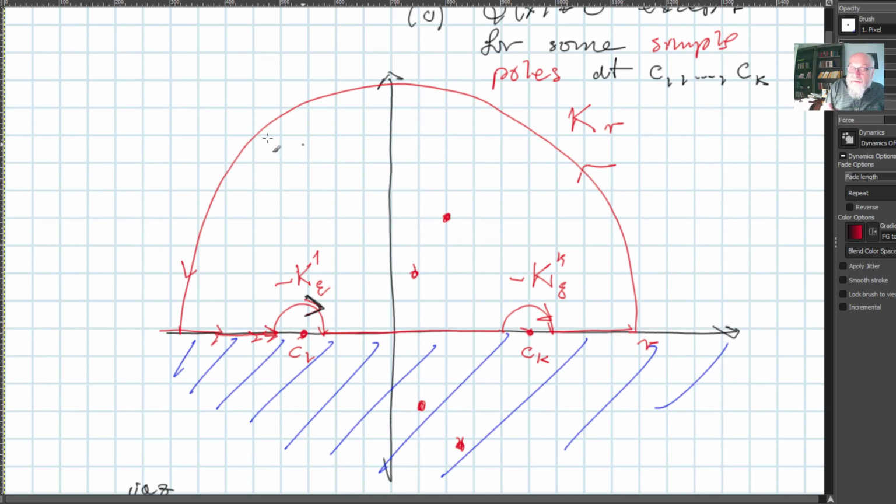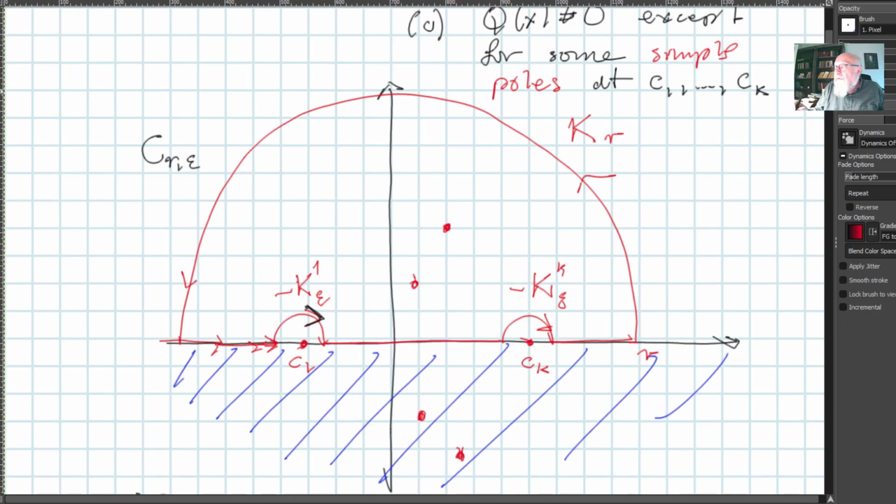The contour has R and epsilon. We have small epsilons here, so this is the contour. The red contour is that one, it's C_R.